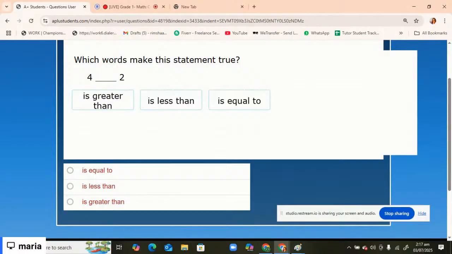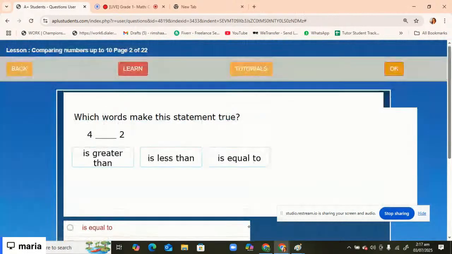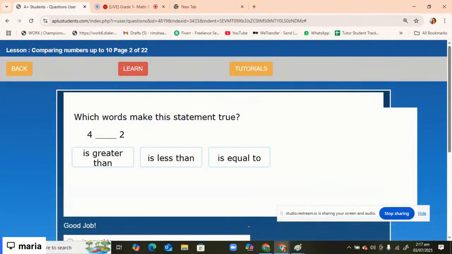So 4 is greater than 2, because 4 is greater as compared to the 2, so we go with this one. Let's go with it, and this is the right answer.